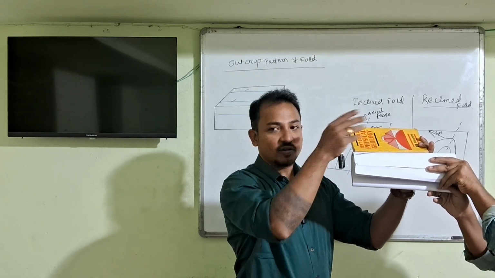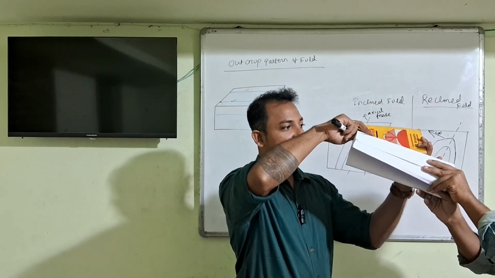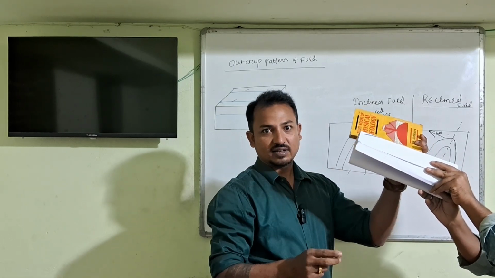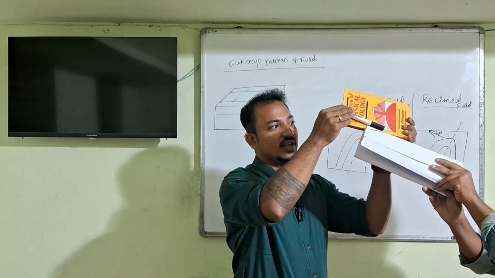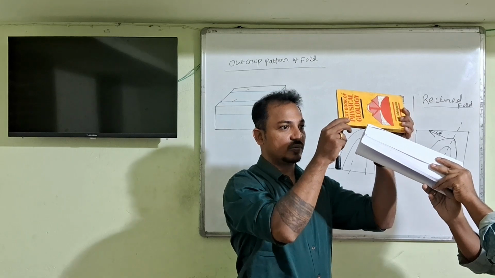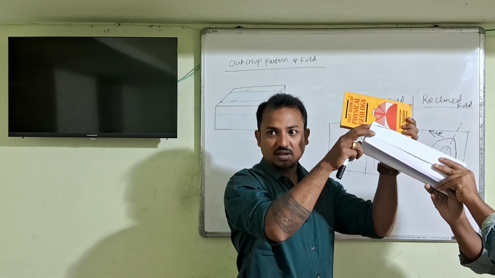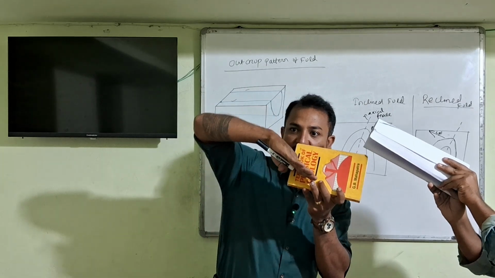Keeping this constant, if you rotate this, keeping the axial plane like this, then the pitch will change. Keep the axial plane constant, okay? The axial plane will be like this, but the fold will dip like this.